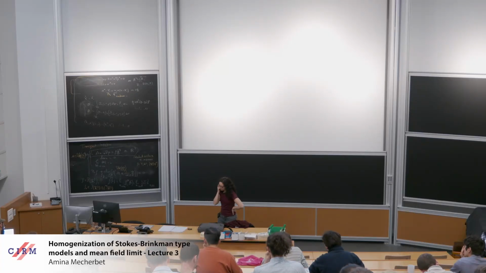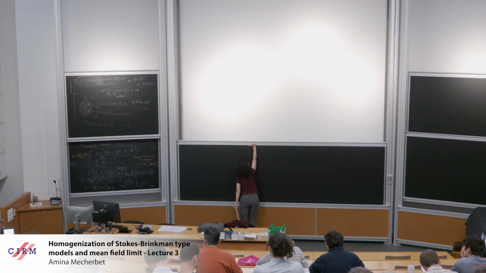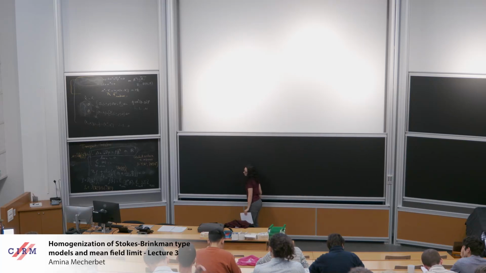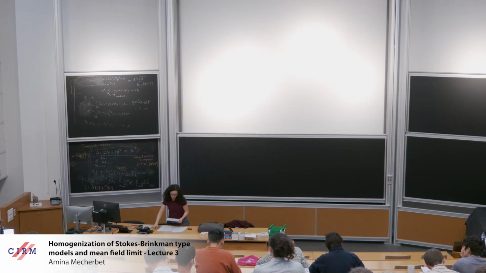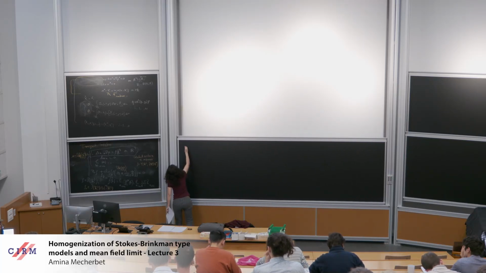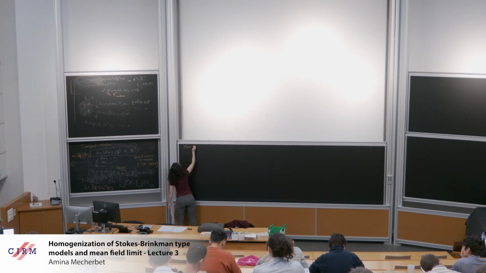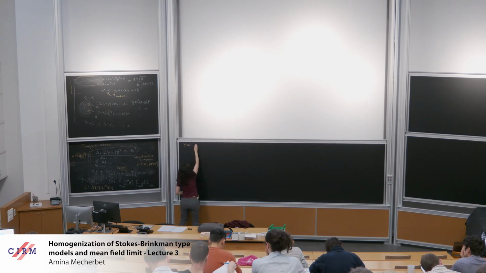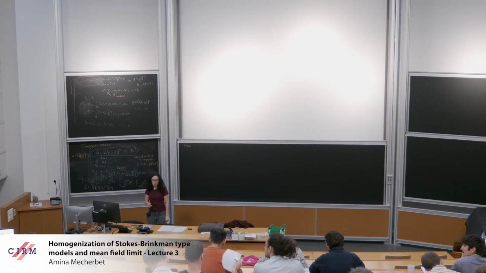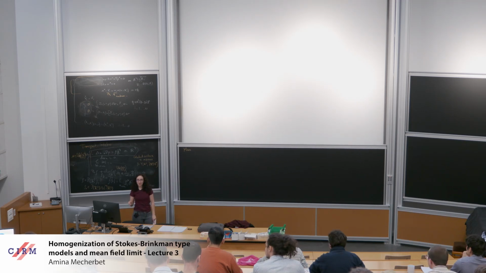So let me now make a little introduction to what a mean field limit is in a general setting. I will just focus on a deterministic setting, so I will not really talk about propagation of chaos for those who are familiar with this.